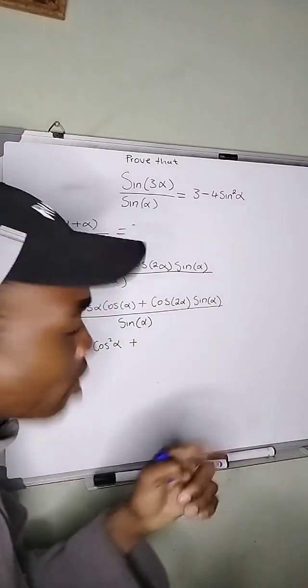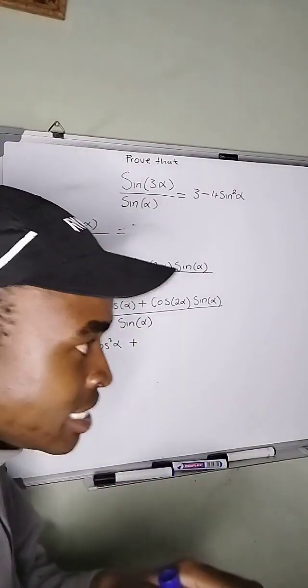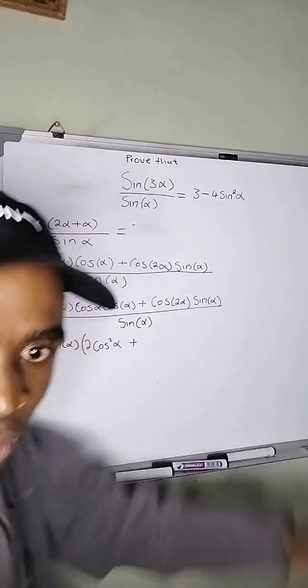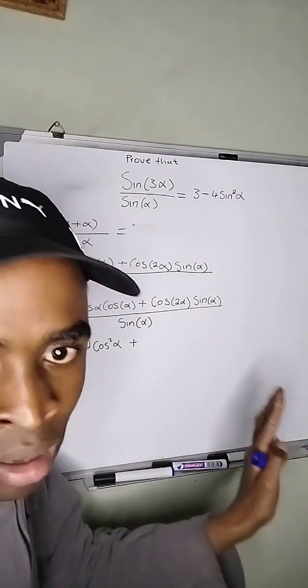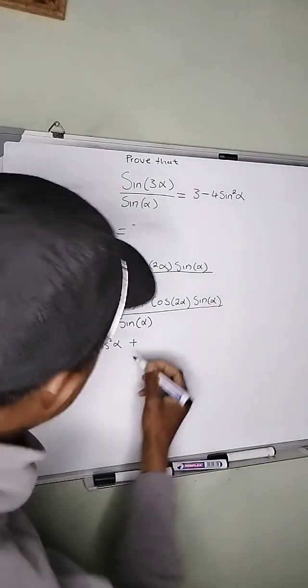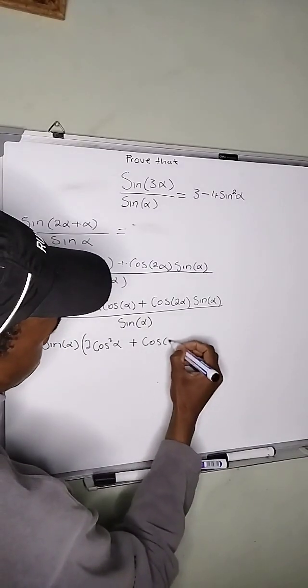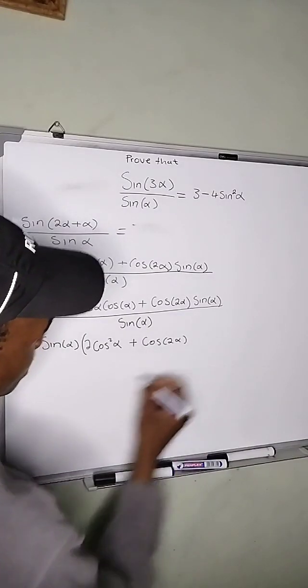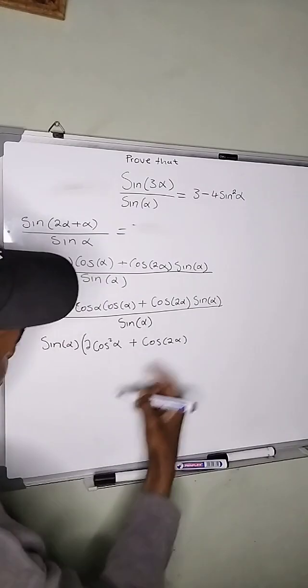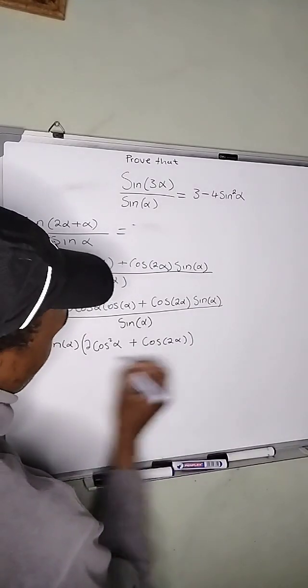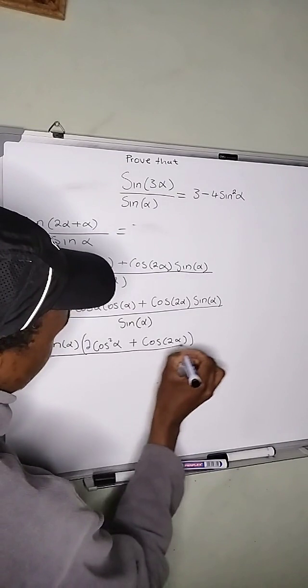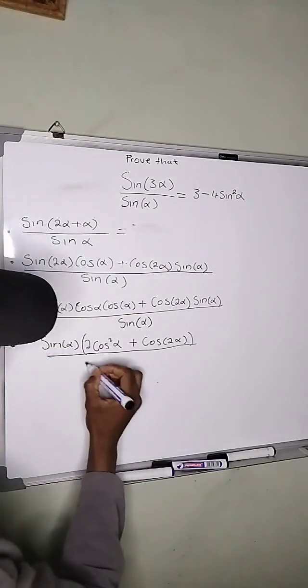I'm showing you how to use the trig identities of the double angle of cos before you fumble. So now I'm going to have cos 2 alpha, I mean.